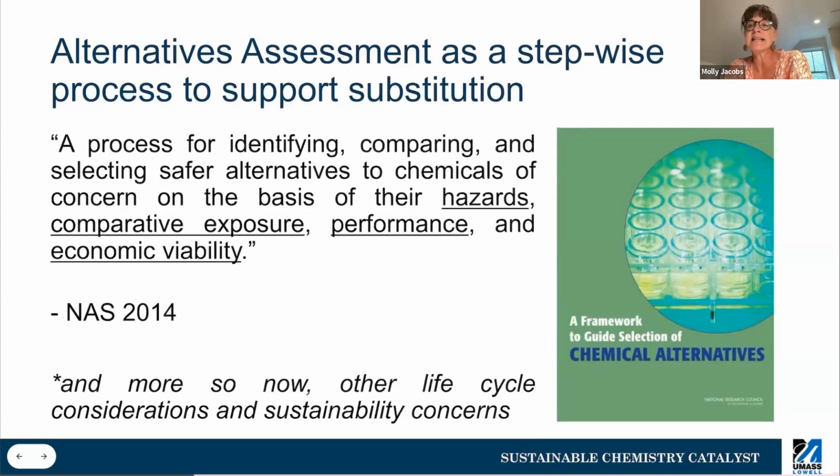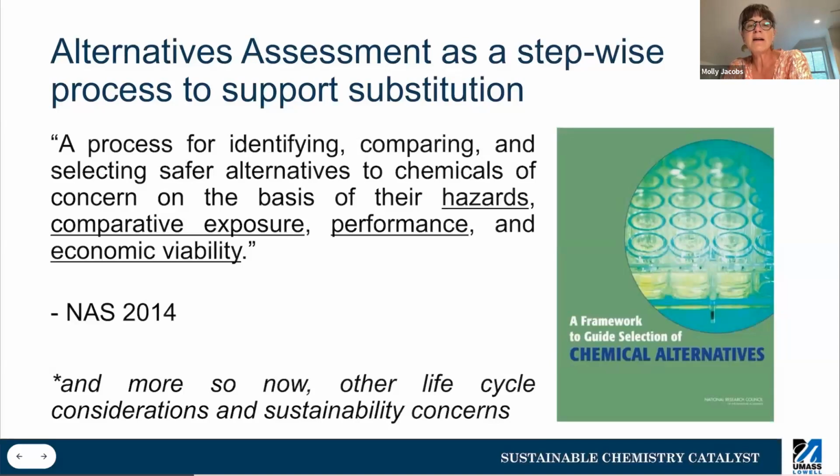So we're using this kind of stepwise process of comparing alternatives to maximize their ability to achieve the necessary performance with the lowest hazard possible. And this definition, as you see here, actually was published by the National Academies in the United States in 2014.